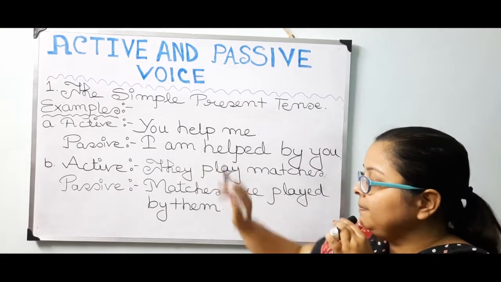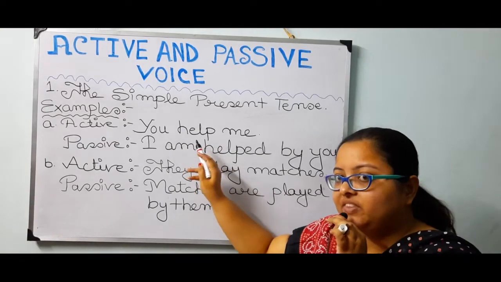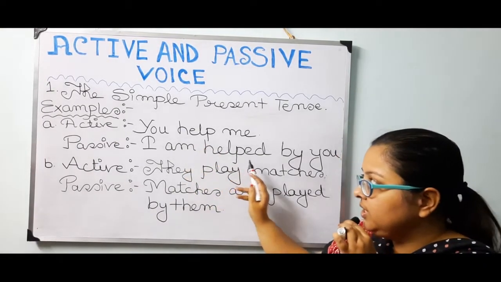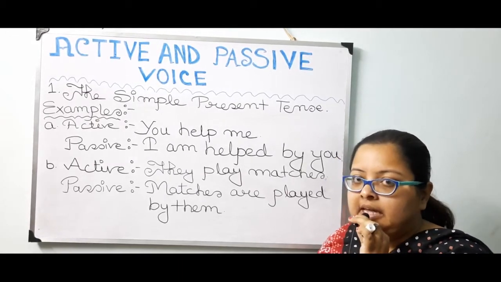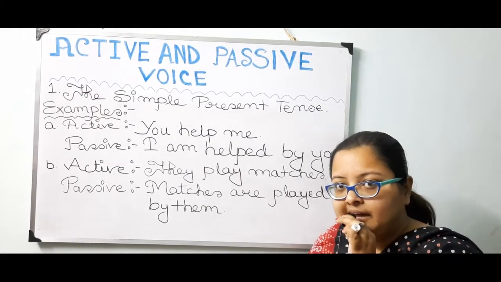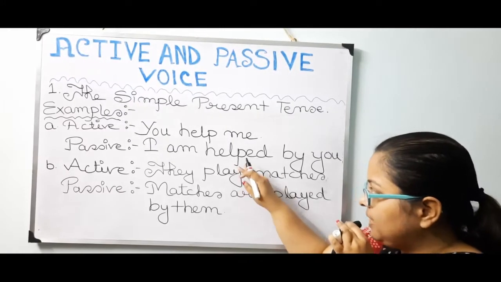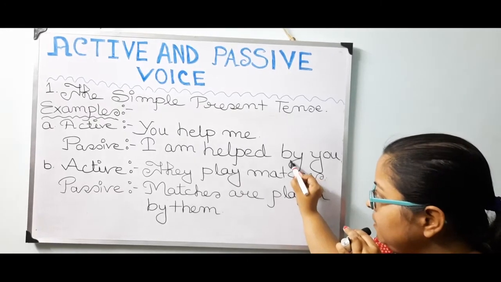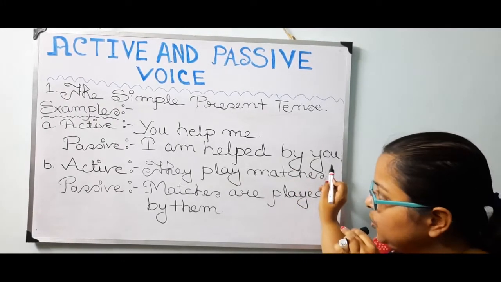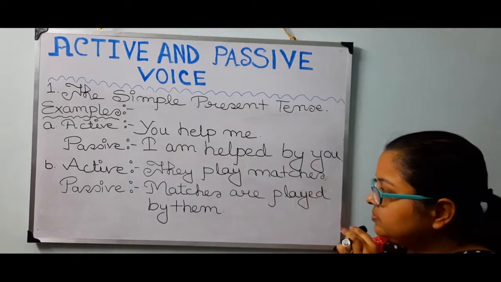So, am. Then, help, first form of the verb, is getting changed into the third form of the verb, and that is helped. Help, helped, helped. So, over here helped, past participle form or third form of the verb. Then according to the rule by, then you will not change, so you.